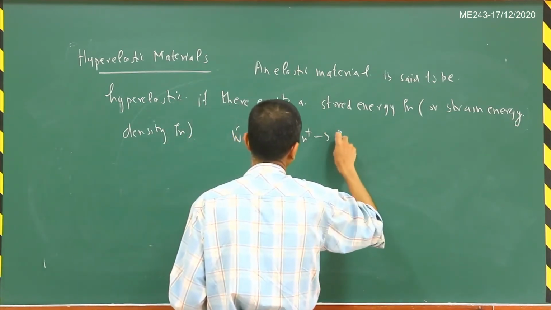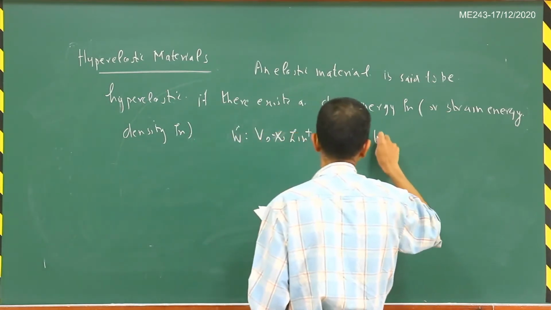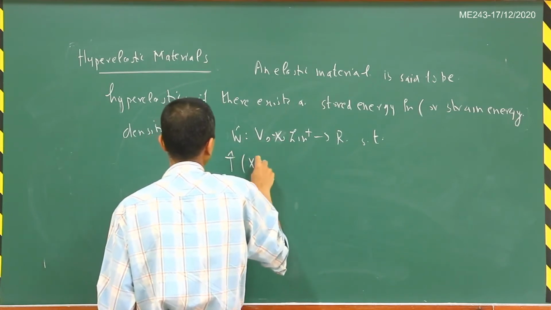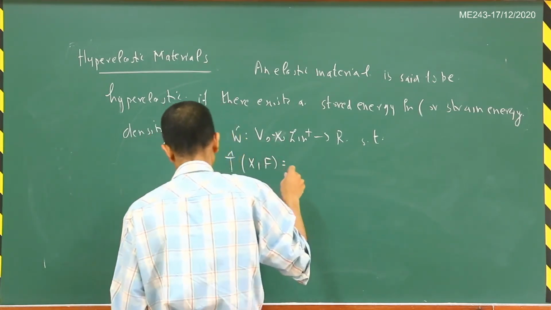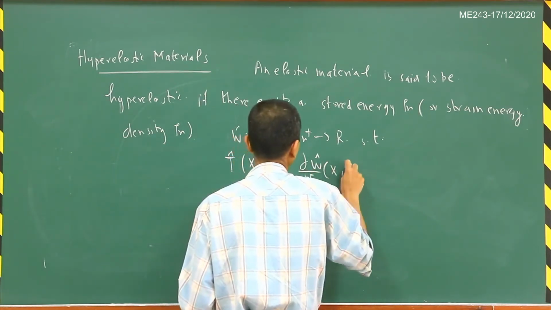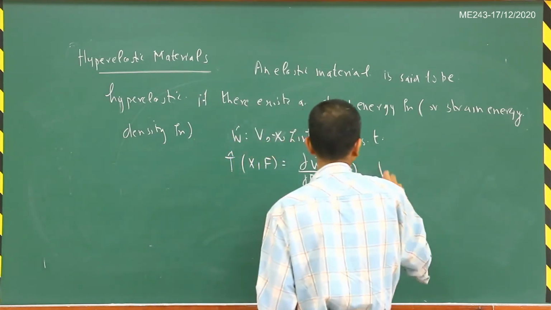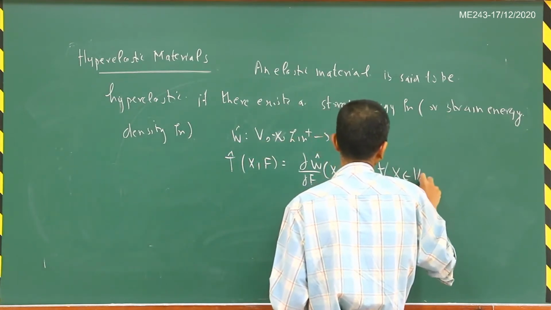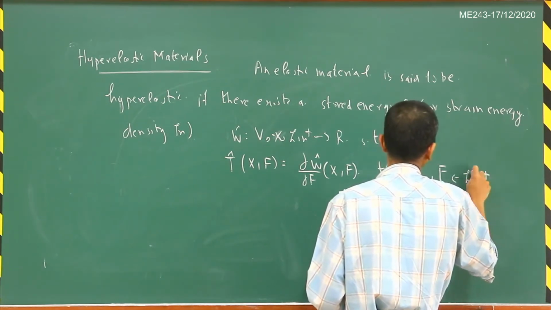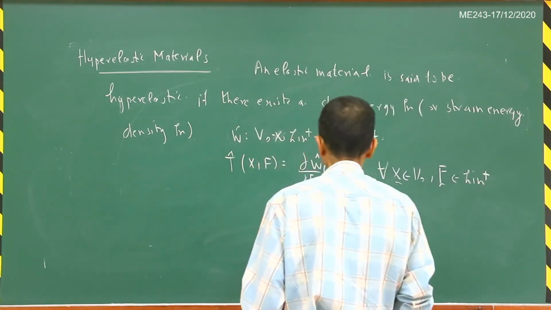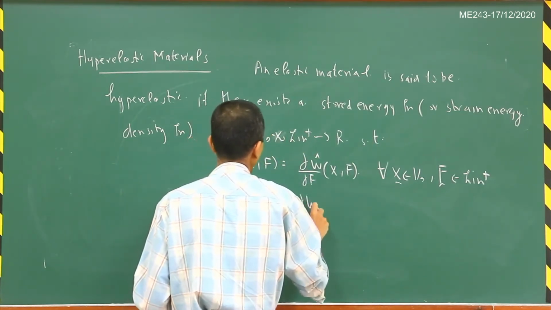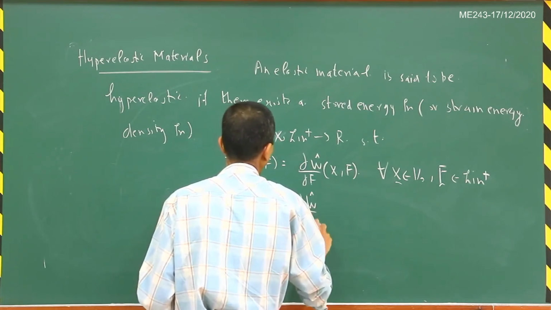Plus to R such that P hat of x comma F is equal to del W hat by del F evaluated at x, F for all x belonging to V0 and F belonging to the set of deformation gradients with positive determinant, or in component form, T_ij is del W hat by del F_ij.